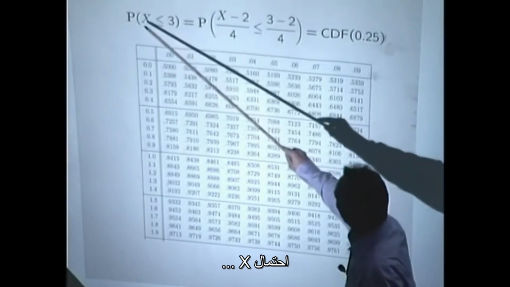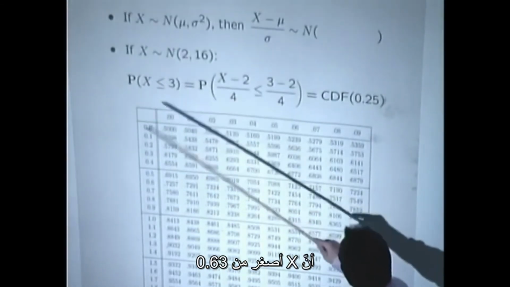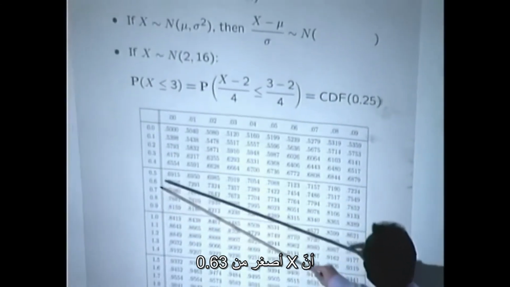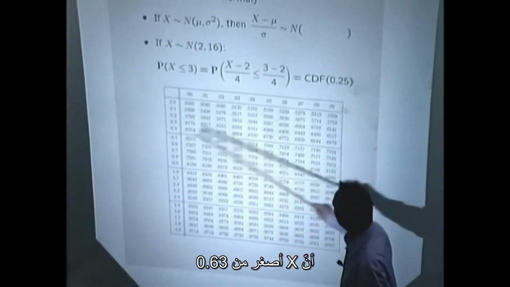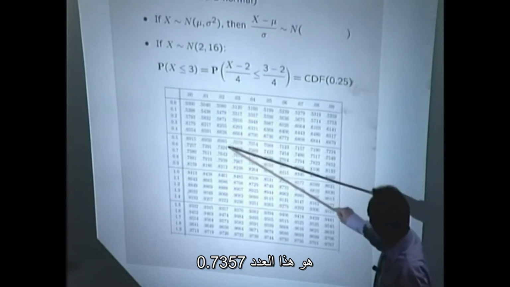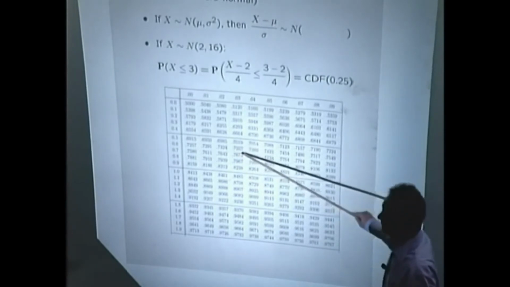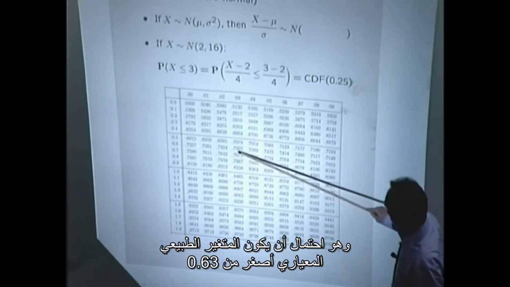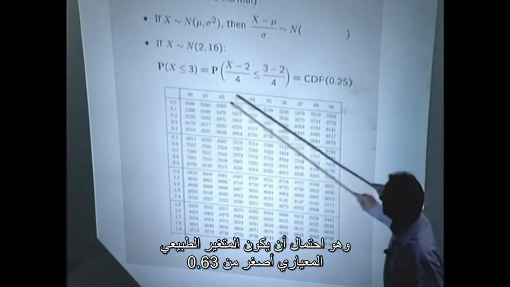The probability that x is less than, let's say, 0.63 is this number. This number, 0.7357, is the probability that a standard normal is below 0.63. So the table refers to the standard normal.